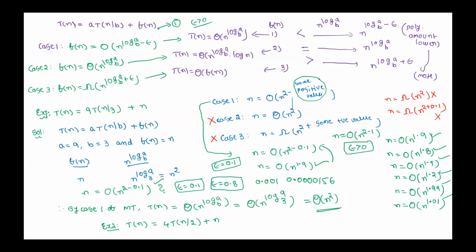Is it clear to all of you? Please do it. What is the A value here in this example 2? A is 4, B is 2, f of n is n. n power log A base B is n power log 4 base 2, it is again n square.